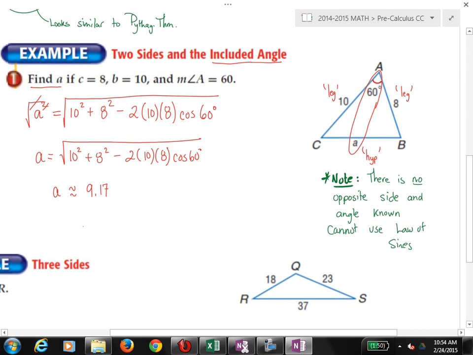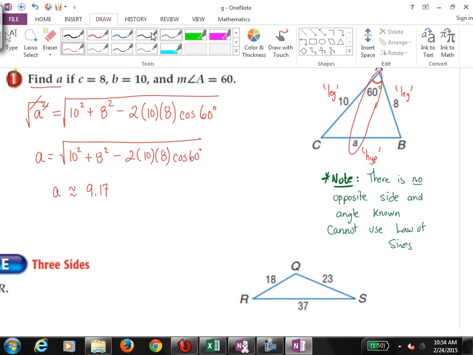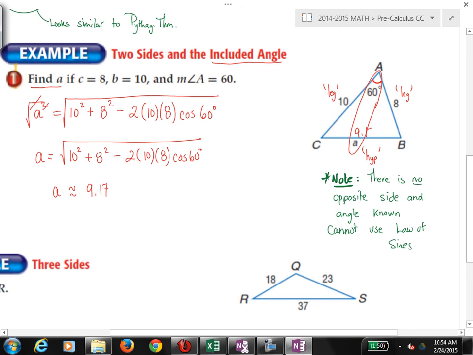Now, let's say once I found out that this was 9.17, what if I wanted to find, let's say, angle C or angle B? What would I need to do to find the others? Yeah, to find angle C or angle B, even though they're not asking, now use law of sines.